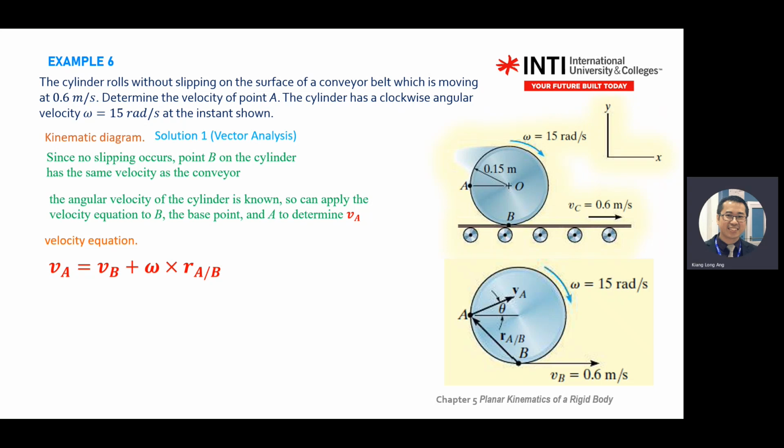By using vector analysis, how do you break VA into vector components? You know what a vector is, right? It's IJK. You have vector VA now. You have the angle. So how do you break this into IJK?